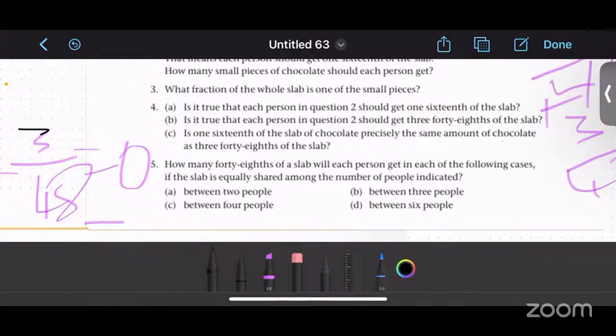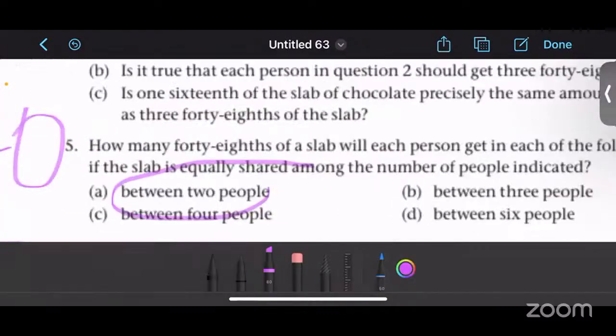Between two people, how many pieces is each going to get? Ma'am, you're going to say 48 divided by 2, and it gives you 24. 24.